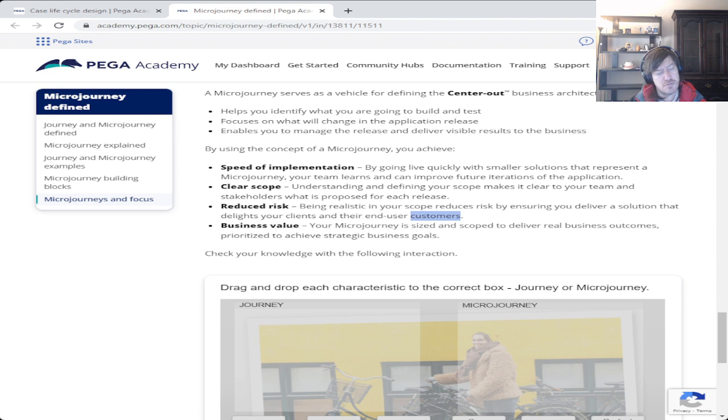But are you really? Right, hold on. Being realistic in your scope reduces risk by ensuring you deliver a solution that delights your clients. Wait, what?